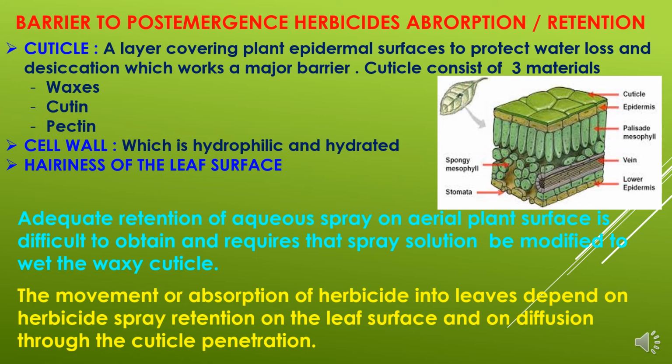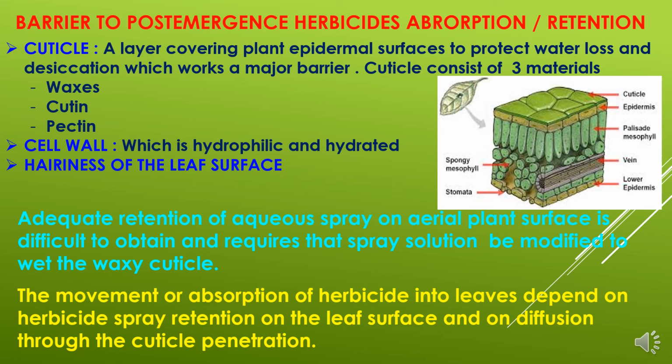So these work as a barrier to herbicides entering the plant surface. The second one is the cell wall, which is hydrophilic and hydrated. And third is hairiness of the leaf surface. If hairiness is more, there will be less penetration of the herbicide into the leaf surface.